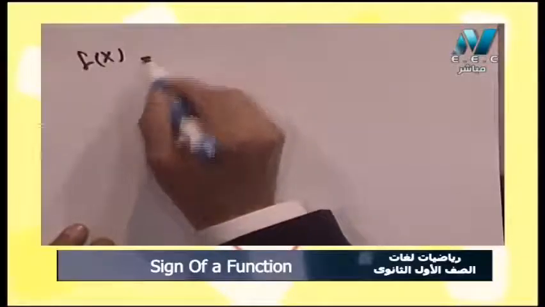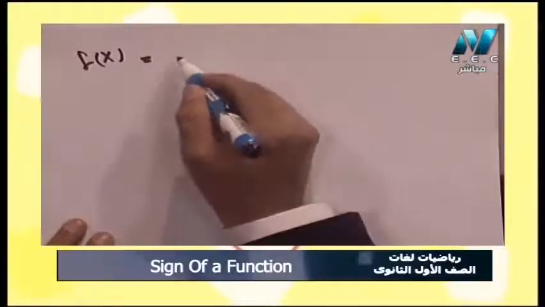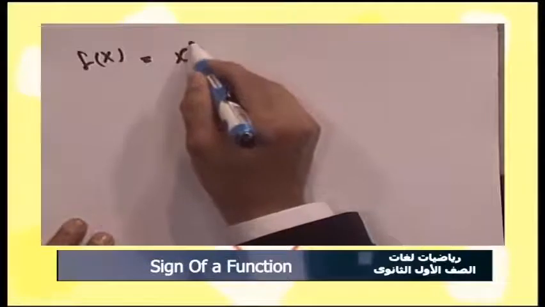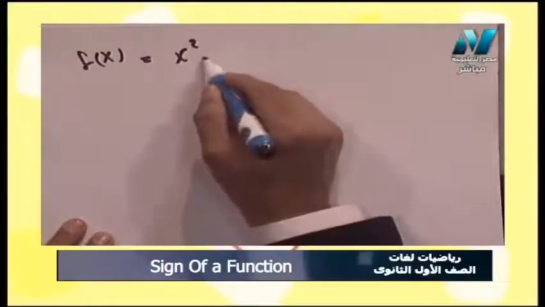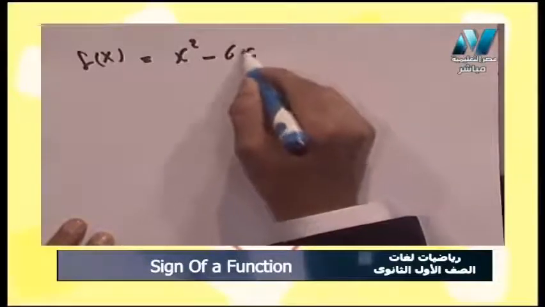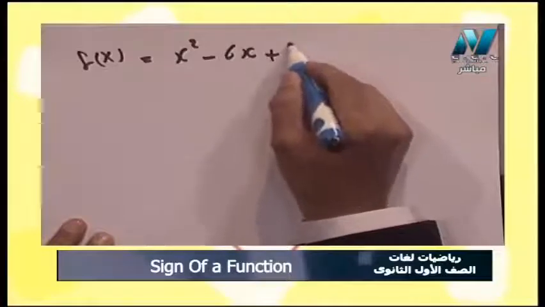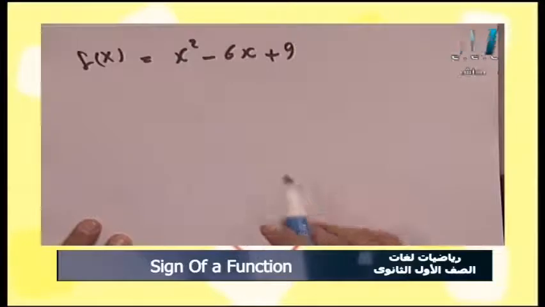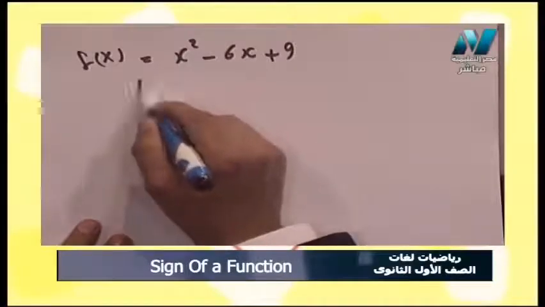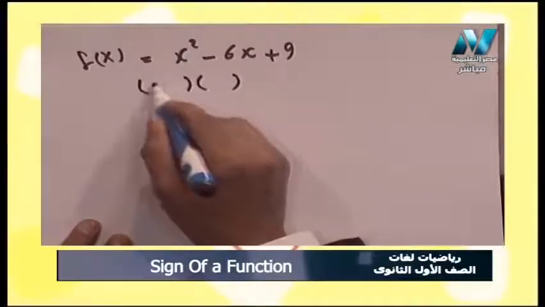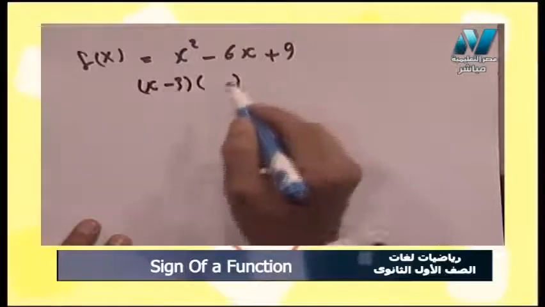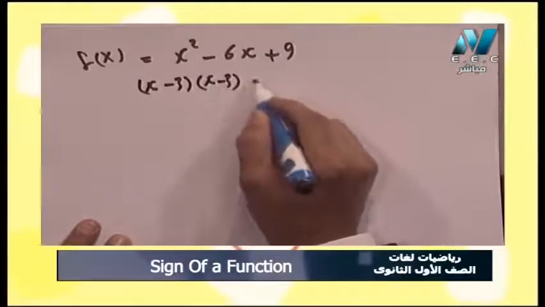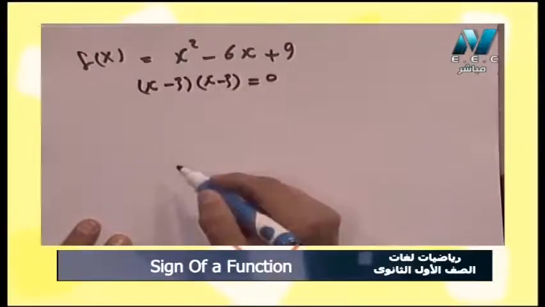If we have a function f(x) equals x power 2 minus 6x plus 9, and we would like to factorize it, it will be (x minus 3)(x minus 3) equals 0.